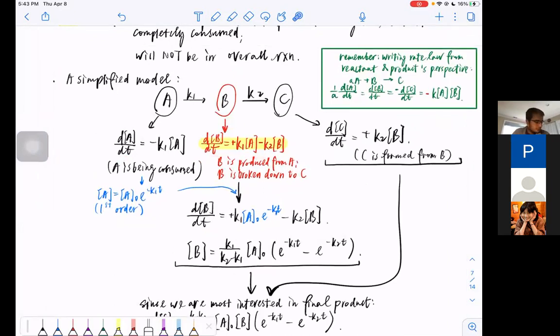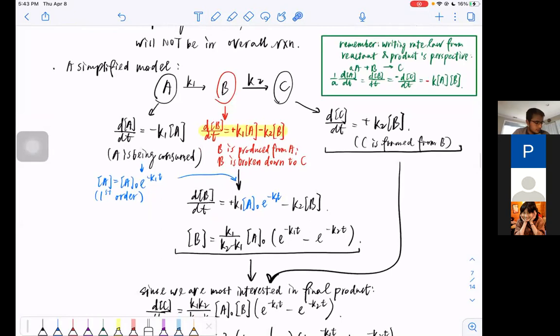So we have this expression, but something here shows up that tells us we need to further break this term down to the concentration of A as a function of time.